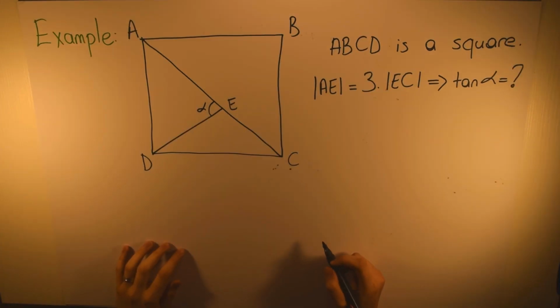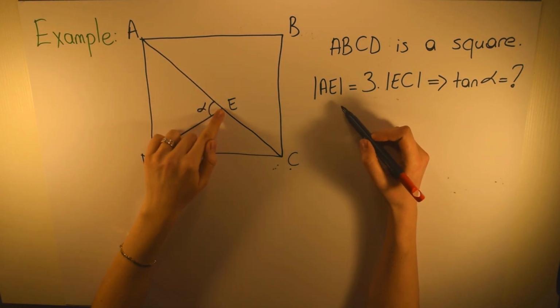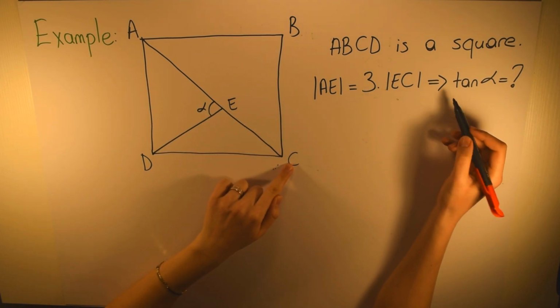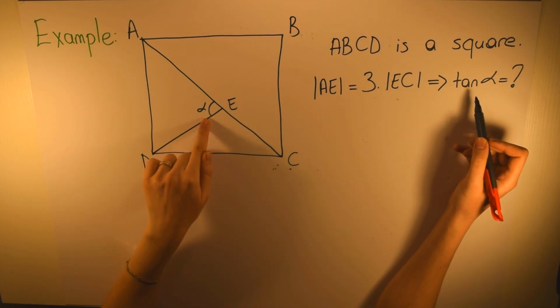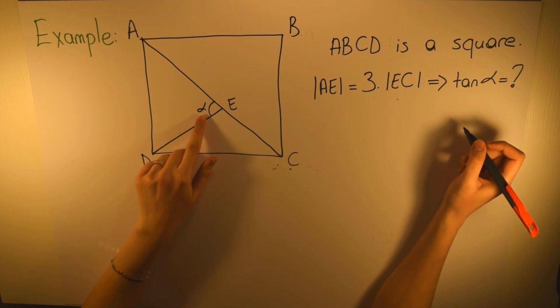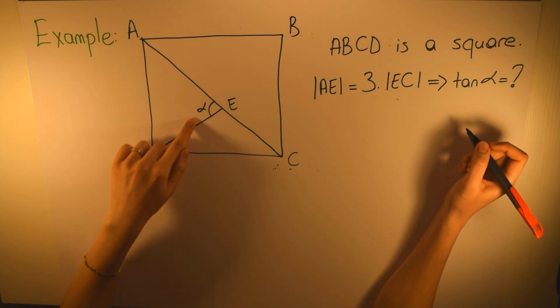In this example, we have ABCD is a square. The length of AE is equal to 3 times the length of AC. The tangent alpha is asked here. When we look at our angle alpha, we see that it's not in a right triangle.